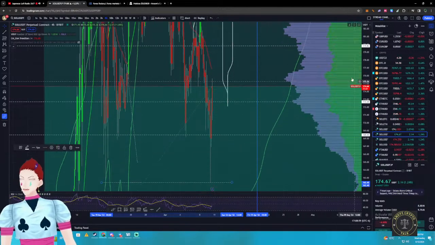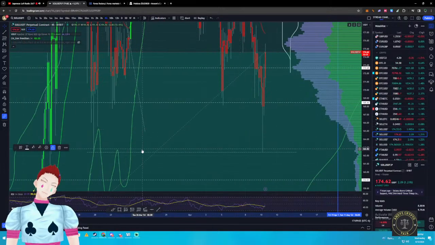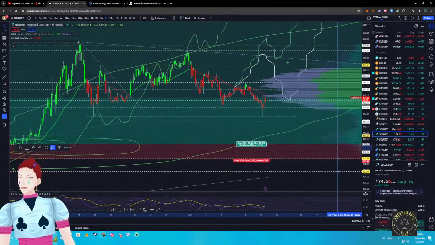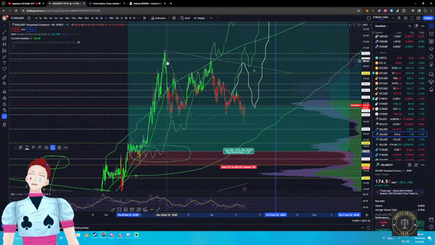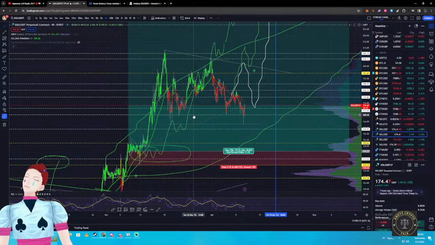Right about the same, actually, maybe just a little smidge lower. But I think we're sort of off to the races at this point.